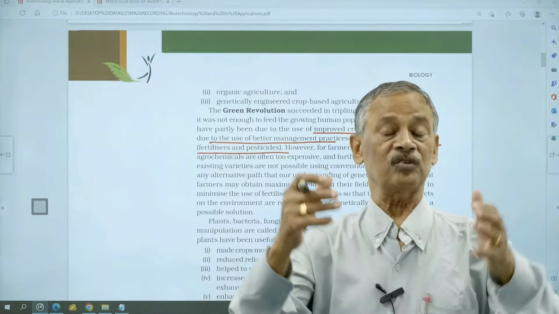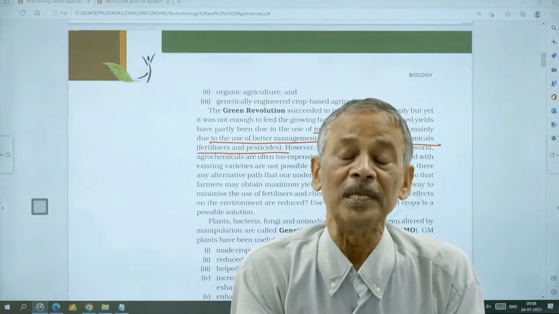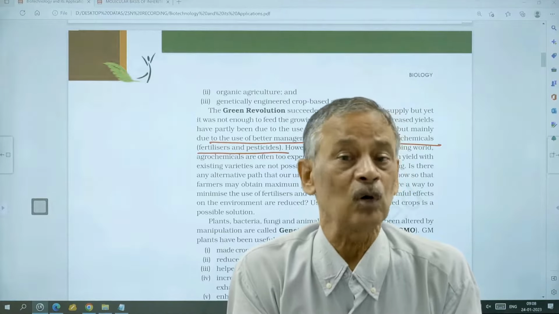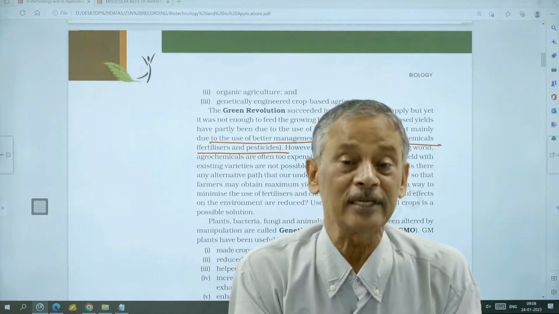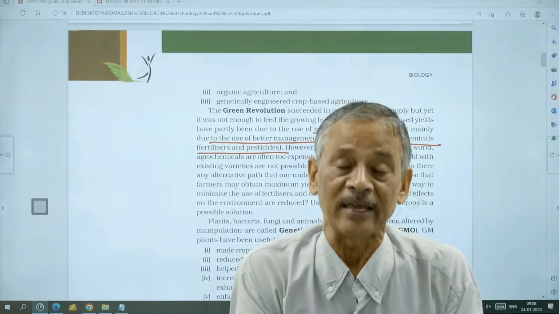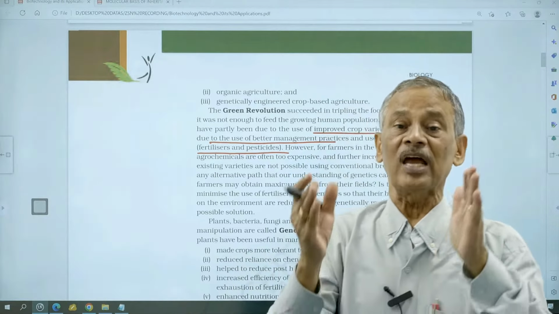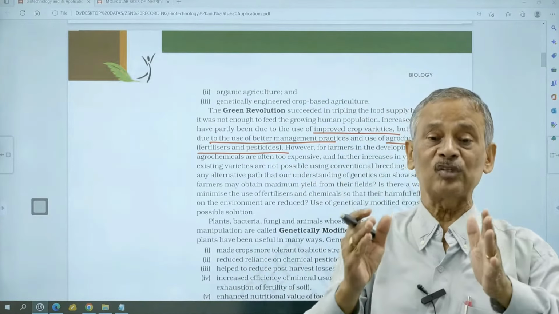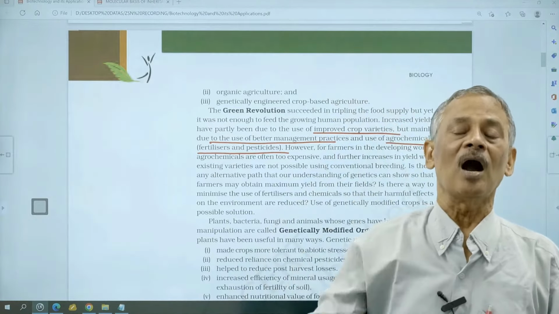So farmers cannot afford the cost of production. They will be incurring losses. So we cannot further depend upon chemical based agriculture. Fertilizers and pesticides will also pollute our environment.